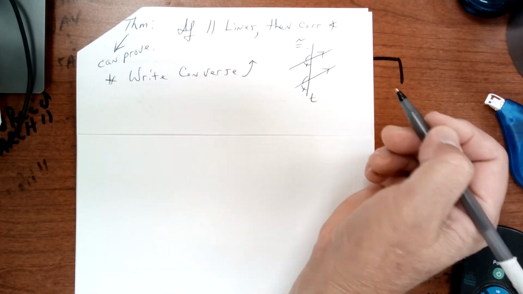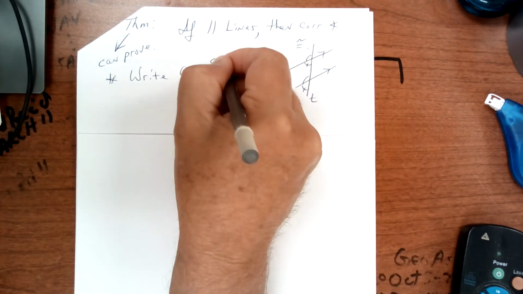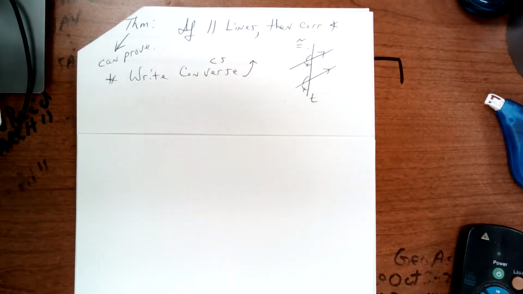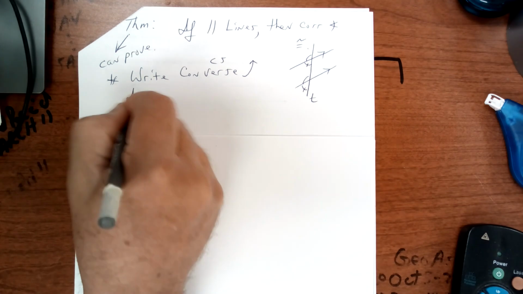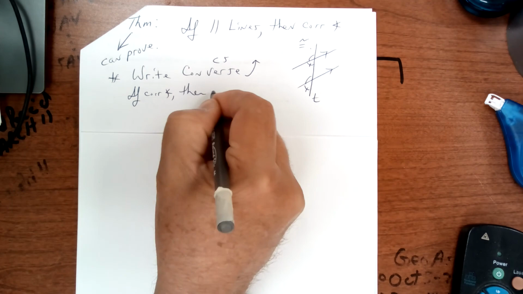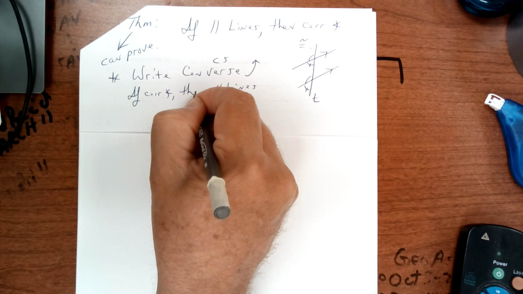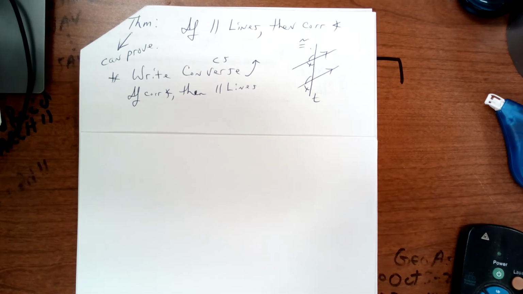That's true. The converse, you have to switch, CS. So it would be if, and I want you to write that right now. If corresponding angles, then parallel lines. Write that down and make sure you understand. Okay? And the converse is true.